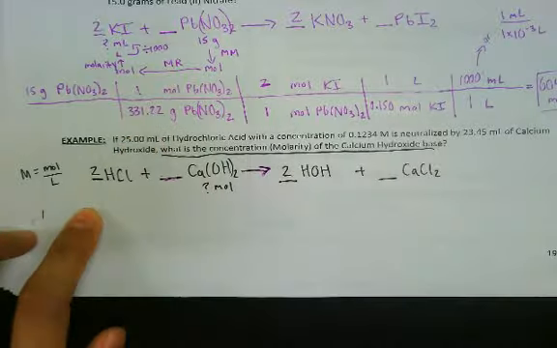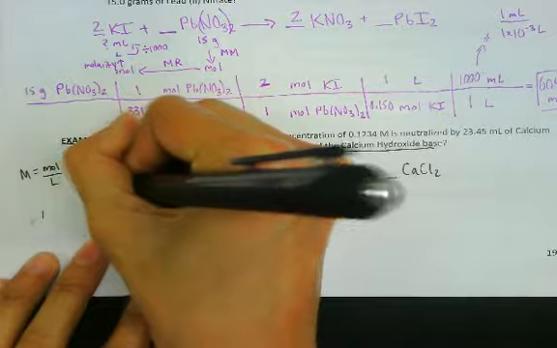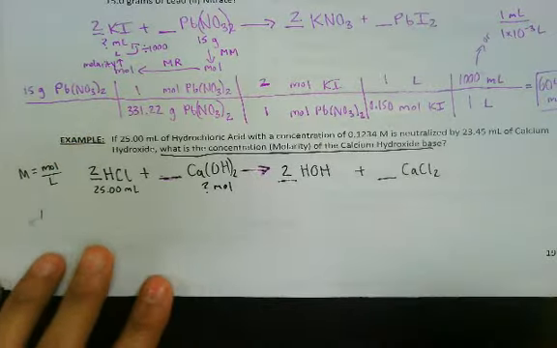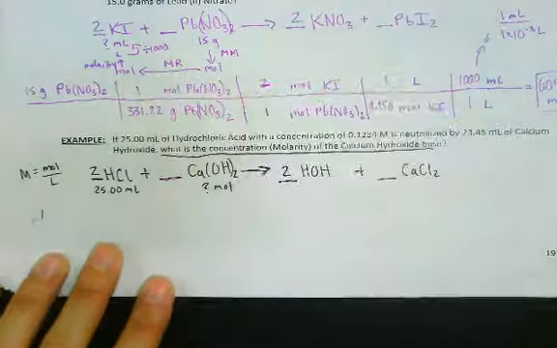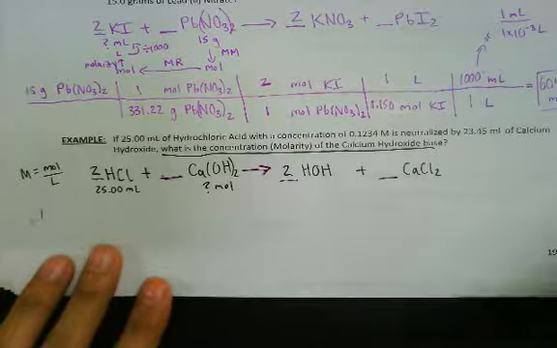We know that we have 25 milliliters of this hydrochloric acid with this concentration. So we're starting off with this many milliliters, and we're going to go in the reverse direction, okay?